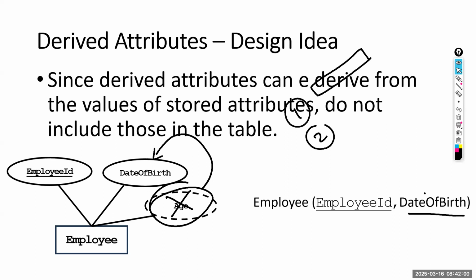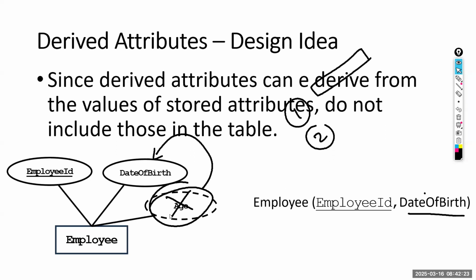So age keeps changing. So in 2025, if you save it as 25 years, then in 2026 his age has definitely become 26. So then that age is wrong. Maybe that age is correct at that time, at insert time, but now it is not correct.